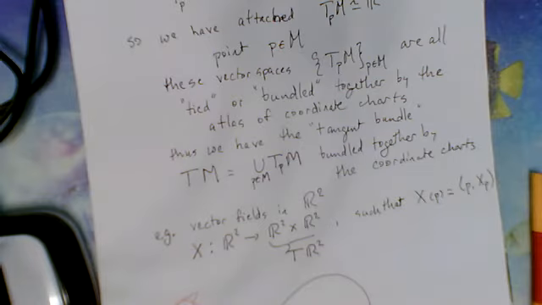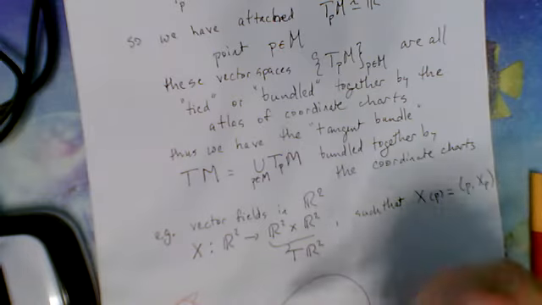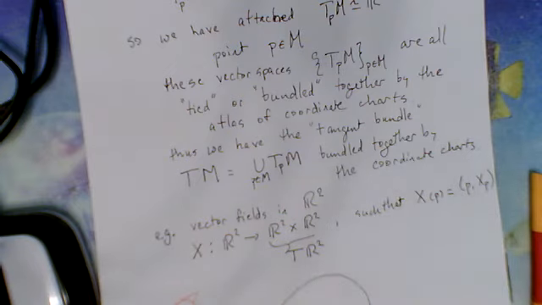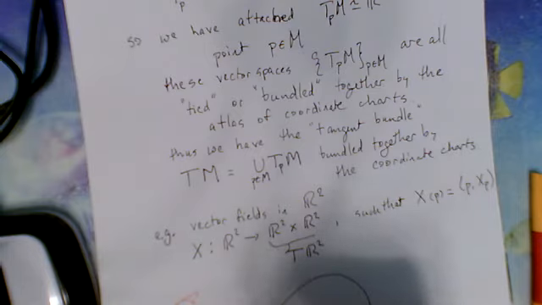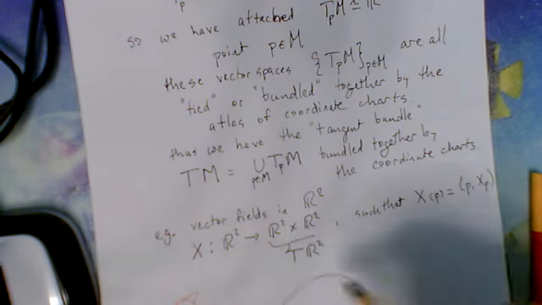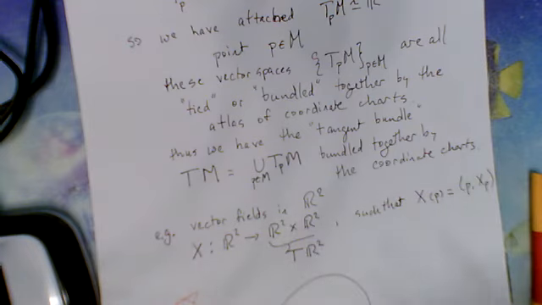And if I want to put all of these tangent planes together in a coherent way, how do I do that? I use my atlas of coordinate charts that I have on my original surface.